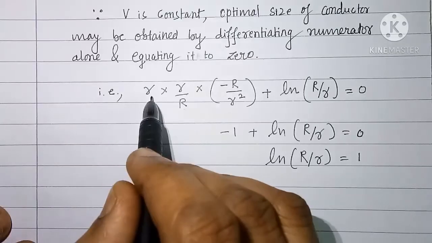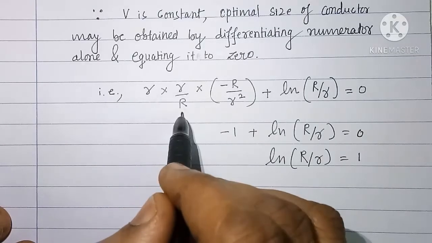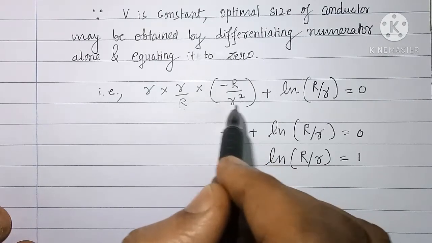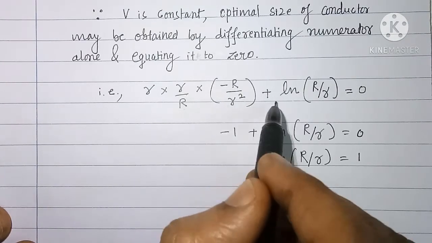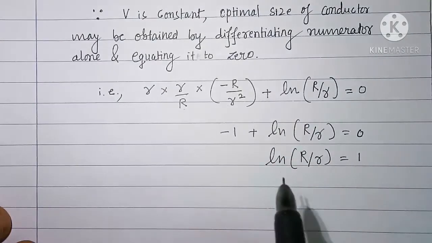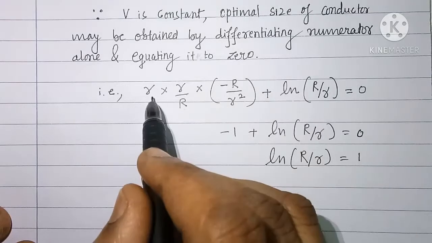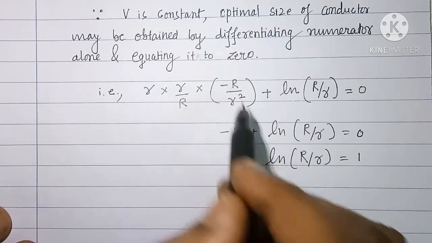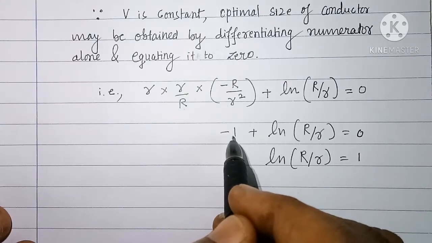That is, small r into small r by capital R into minus of capital R by small r square plus ln of capital R by small r equal to 0. If we cancel r into r with r square and r with minus r here, we get minus 1.